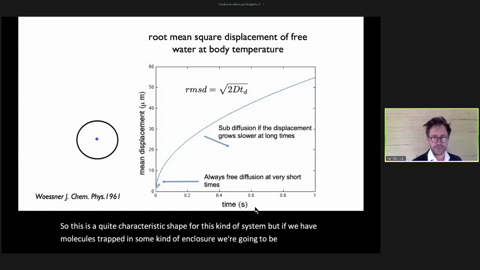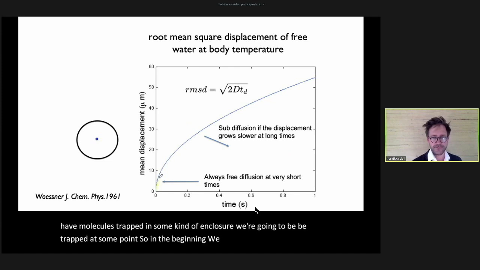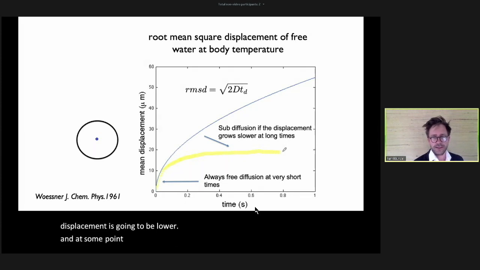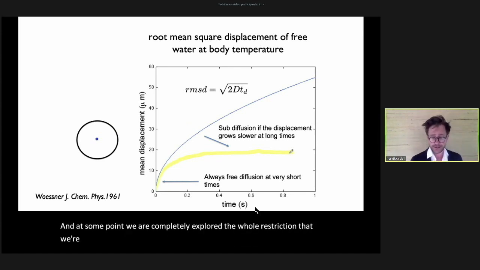So in the beginning, we are going to measure the same thing as free diffusion before we start sensing the barriers. But as soon as we start to see reflections with the barriers, the displacement is going to be lower, and at some point we have completely explored the whole restriction that we are in, or the whole cell that we are in.